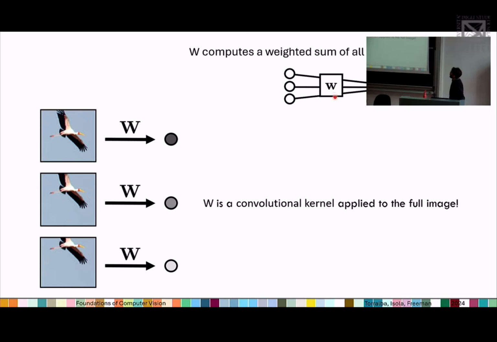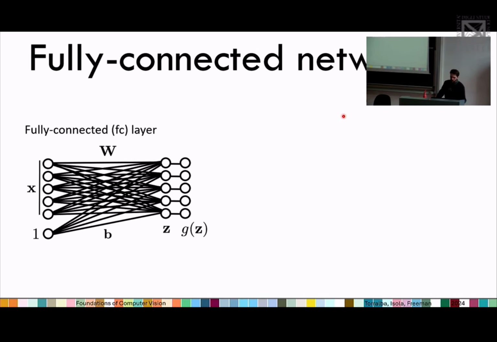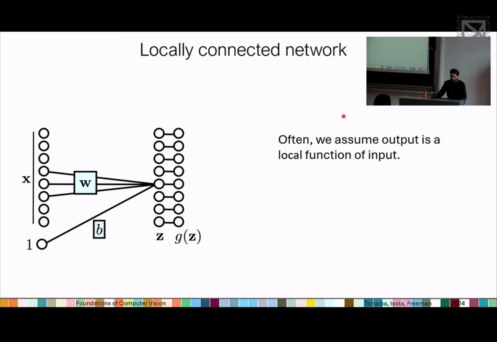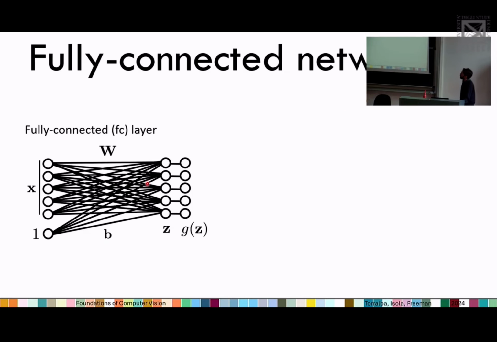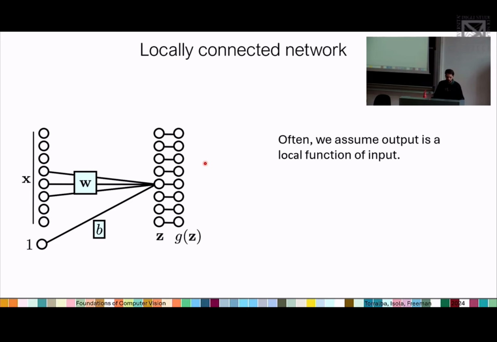You need to remember that this W is the weighted sum of all pixels in the patch. With a fully connected network, you take all of the pixels in an image or in a patch and connect them with all the units in the output.